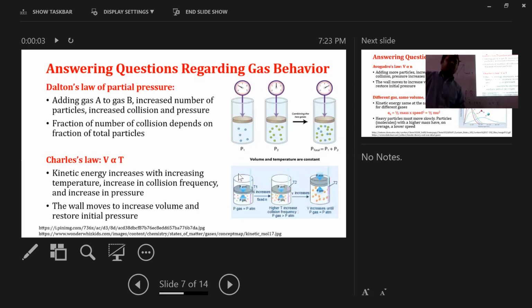Okay, adding gas. Here you can see this is a gas container. We have 5 molecules and here we have 10. In the same size, we have 2 different containers, one with 5 molecules, another with 10 molecules.